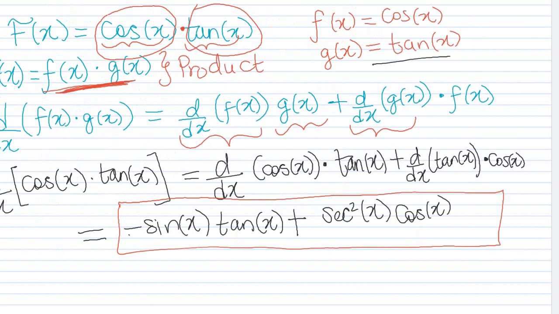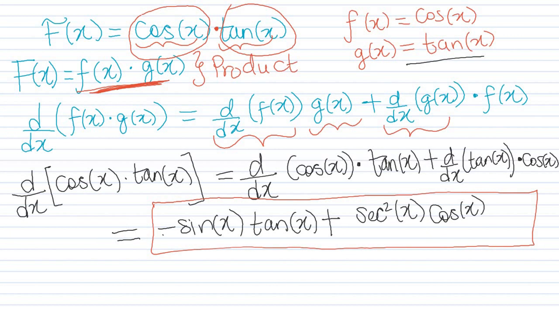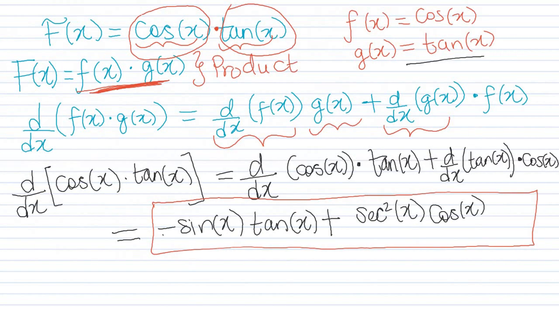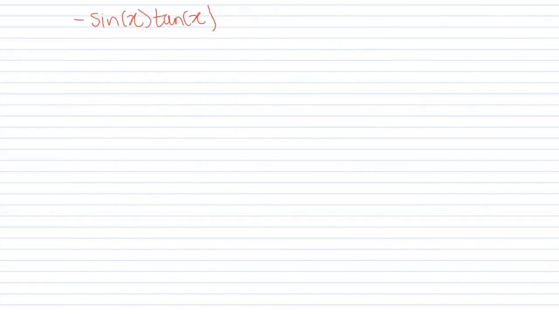I'm going to rewrite what we had. From the previous page, we can see that we have negative sine x tan x, plus secant square x cosine of x. Okay, that's that.